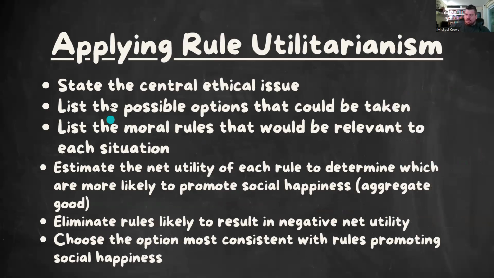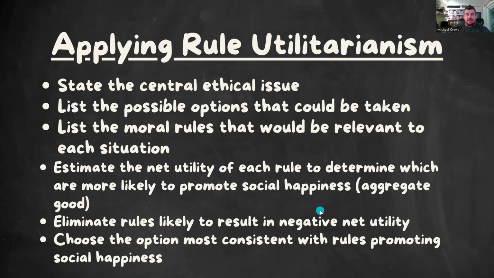When we apply rule utilitarianism, we state our central ethical issue and list our possible options. Then we list the moral rules that would be relevant in each situation, like moral rule 1: we can't lie to each other, we can't steal from each other, and so on. Then you estimate the net utility of each rule to determine which are more likely to produce social happiness.